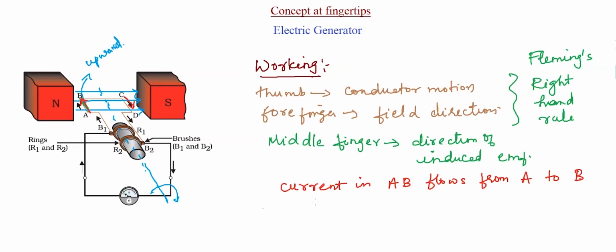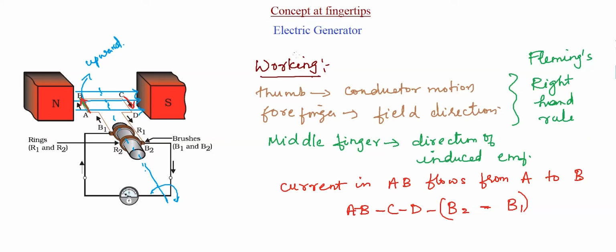So in the first half of the rotation of the coil, the current direction is A to B to C to D, then to the brush B2, and in the external circuit it is from B2 to B1.